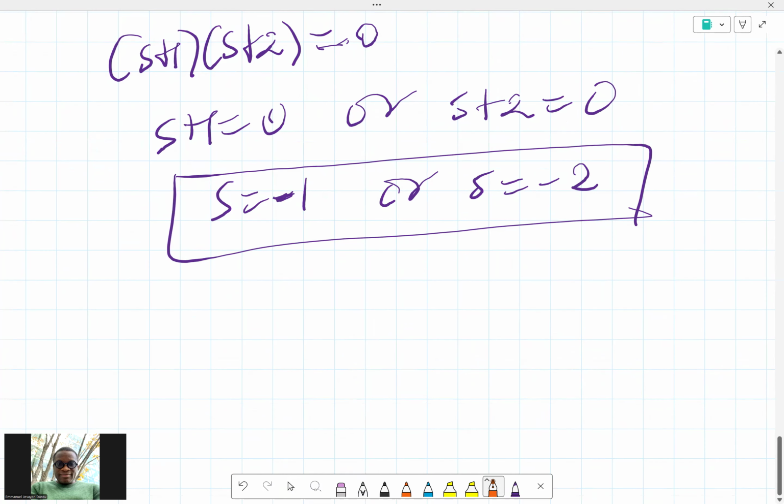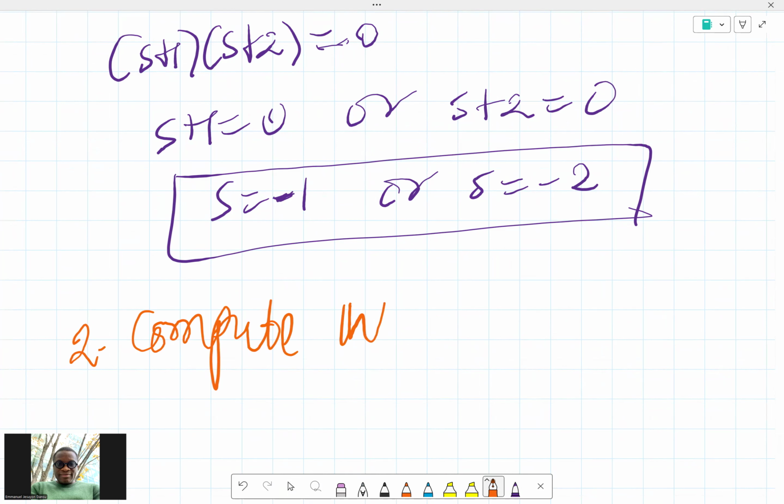The next thing to do is to compute the residues at each pole.